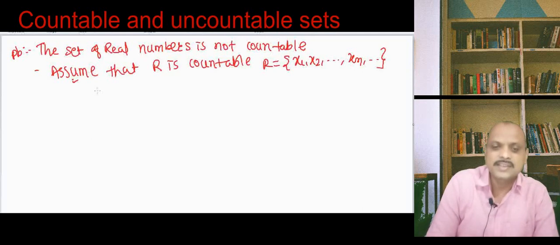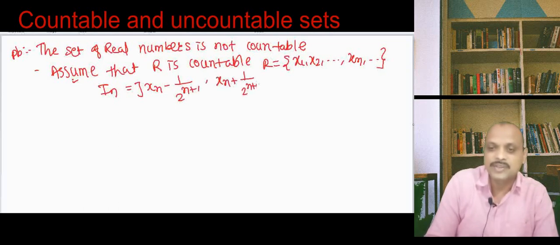Then we can construct an open interval In such that In is equal to (xn minus 1 divided by 2 raised to n plus 1, xn plus 1 divided by 2 raised to n plus 1). Why have we taken an open interval?